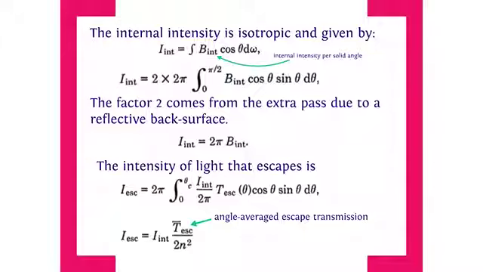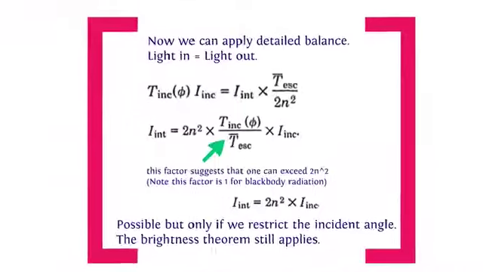The 4 pi disappeared because we did the integral. And T bar escape is just some probability, a number between 0 and 1. It's simply the escape transmission probability averaged over all the angles. So you look at all angles and average the probability that light will escape.